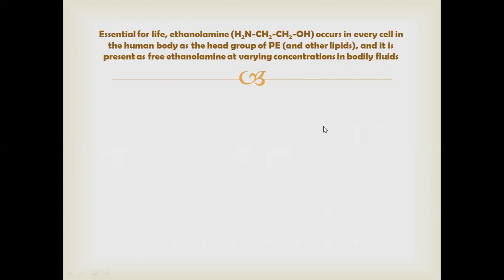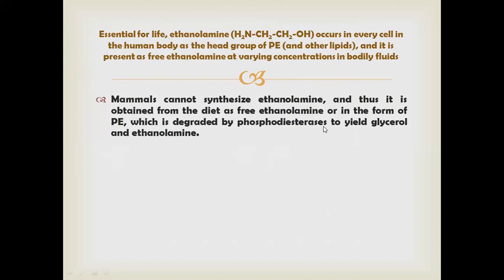So not only phosphatidylethanolamine or cephalin is important, but simply ethanolamine is also considered essential for life because it occurs in every cell in the human body, not only as the head group of phosphatidylethanolamine, but also in its free form at various concentrations in body fluid.